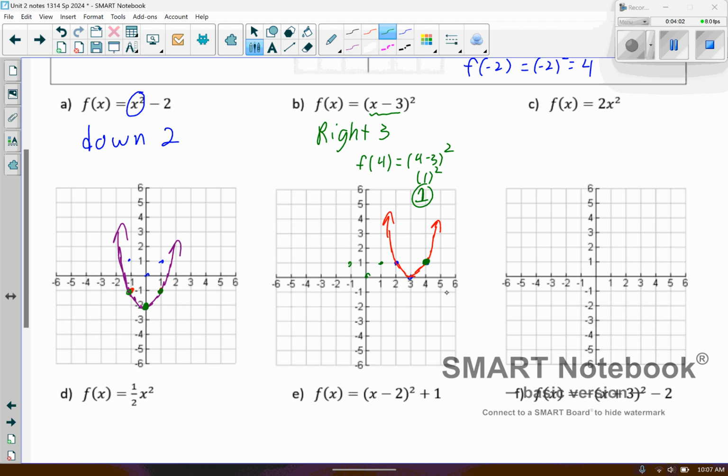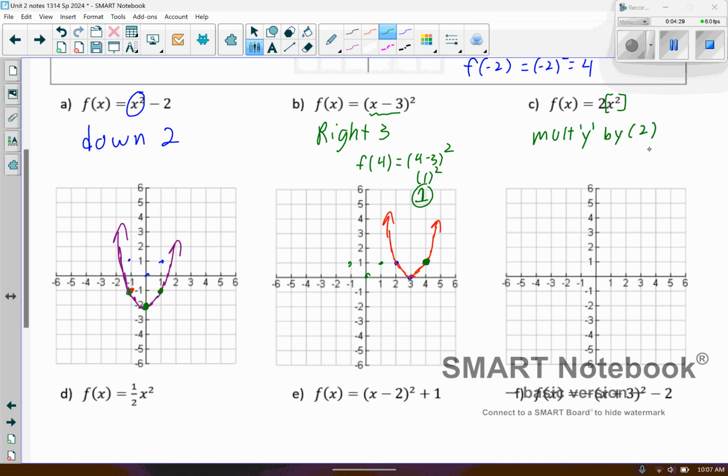All right, on our next one, we're actually going to be multiplying x squared by 2. That's going to cause a vertical stretch by a factor of 2. Put in direct terms, we're going to multiply the y values by 2.